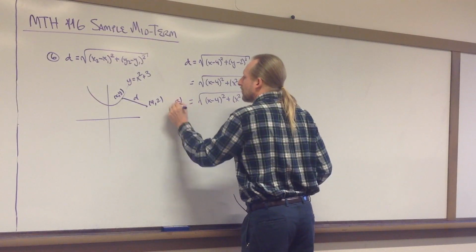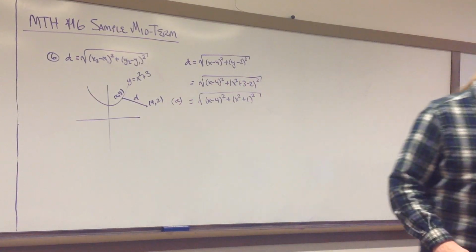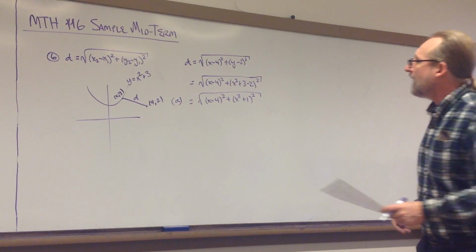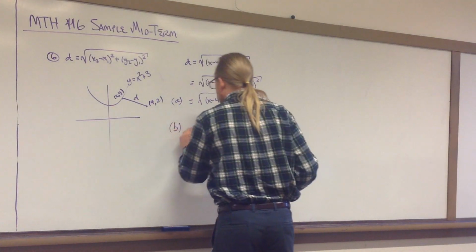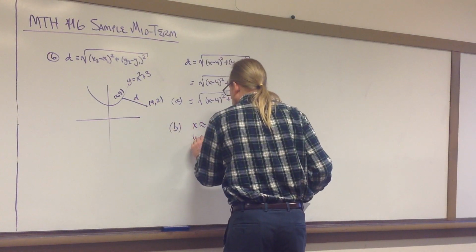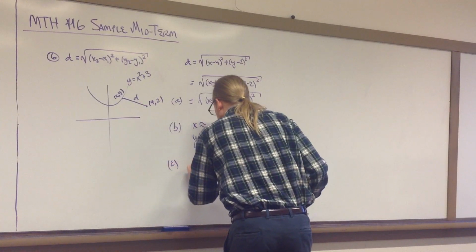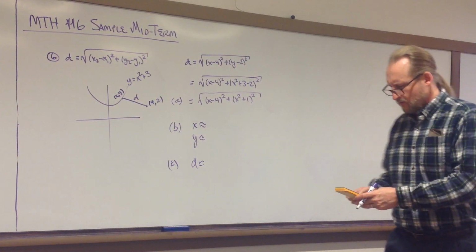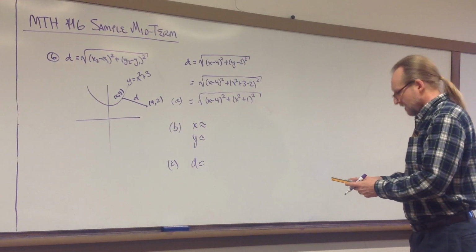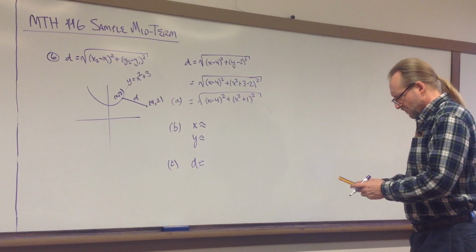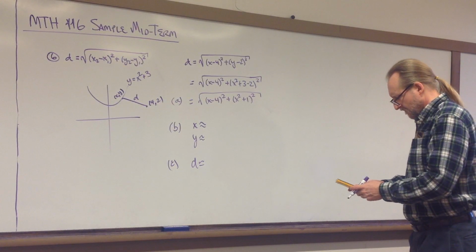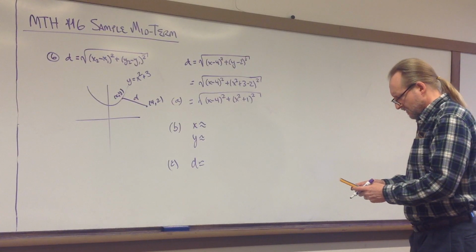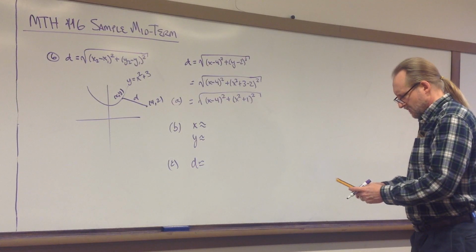There's our function. Use the graph to determine the point that is closest. How far away is it? Okay. Part B, we're going to get x and y values. And in part C, we're going to put the distance in there. So, x minus 4 all squared, x squared plus 1 all squared, and that ought to do it.